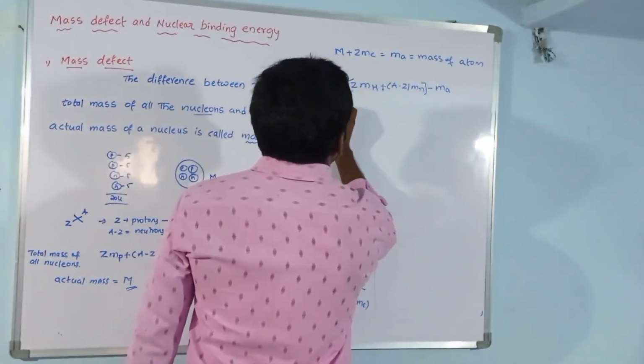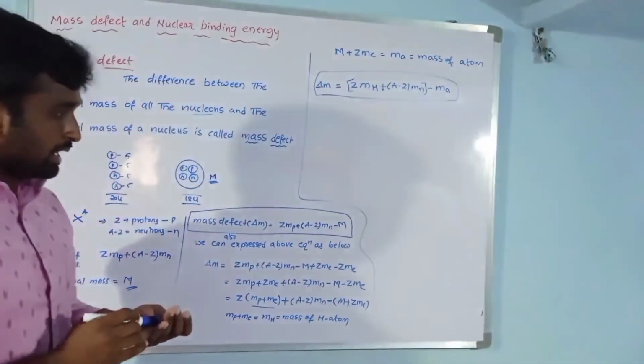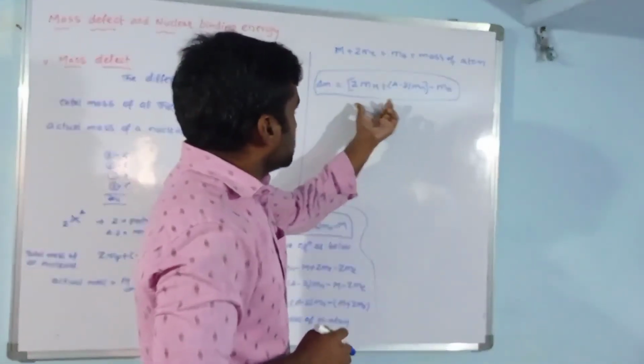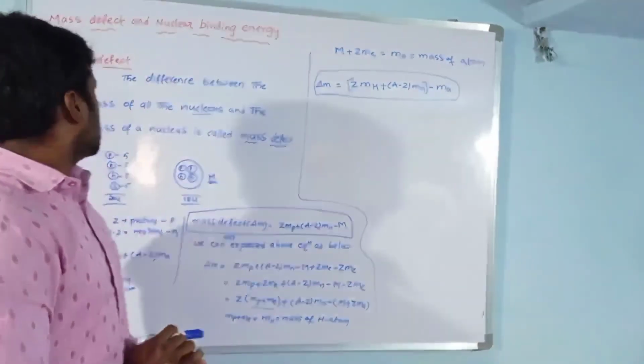So this is another expression of mass defect: delta M equals ZMH plus (A minus Z) into Mn minus Me.